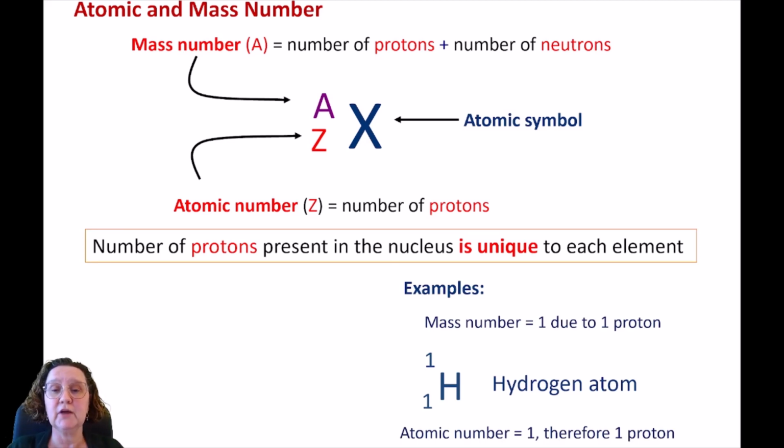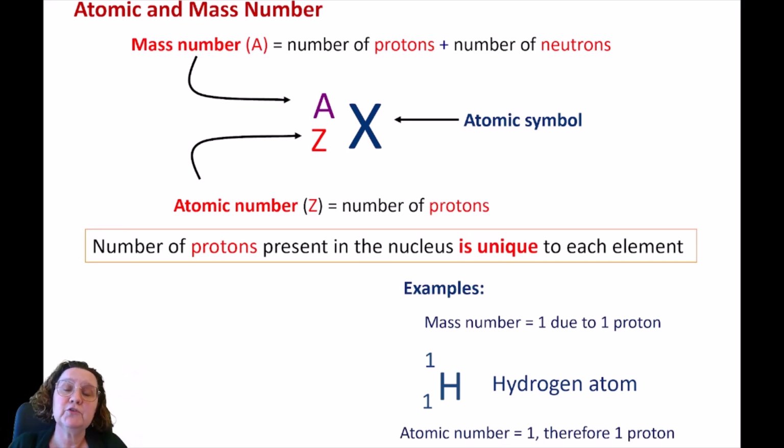For example, I've got here the symbol H with two ones, one as a subscript and the other as a superscript. H is a hydrogen atom, because the symbol H represents hydrogen. The number at the bottom is the atomic number, and it's 1, which means it has 1 proton. The number at the top, the superscript, is the mass number, and that's also 1.